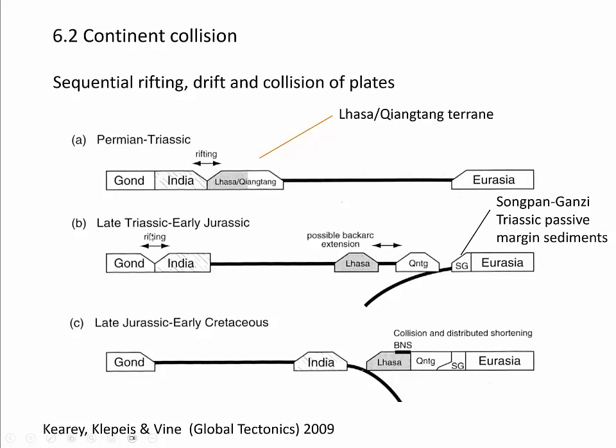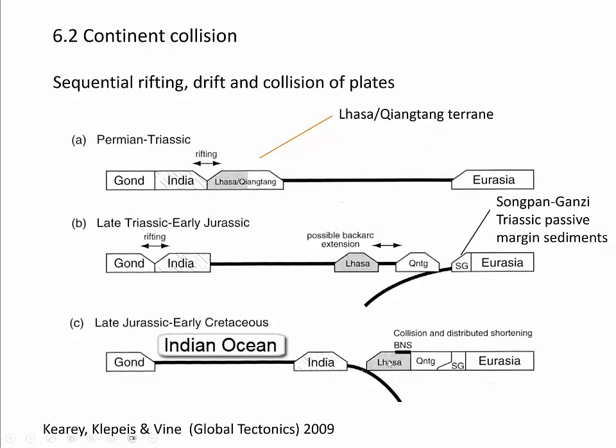At that time, India has drifted off Gondwana, has separated from Madagascar and has started its drift across the oceanic basin, across the Tethys, and it leaves behind itself the Indian Ocean that we know today.